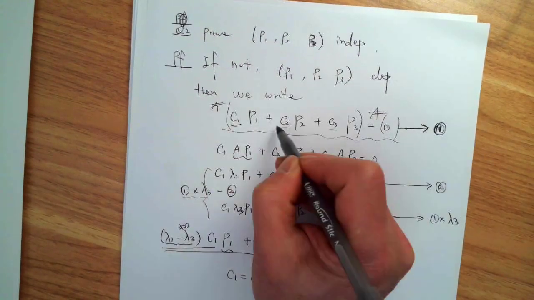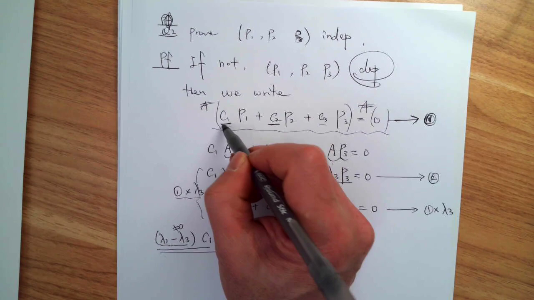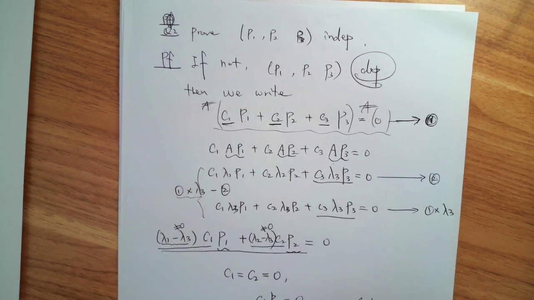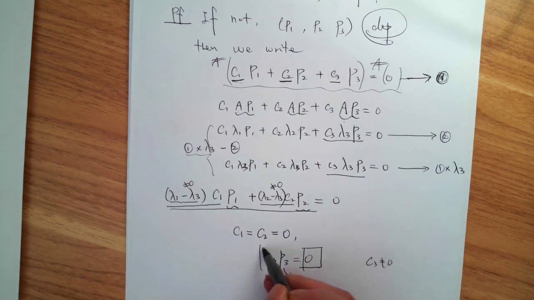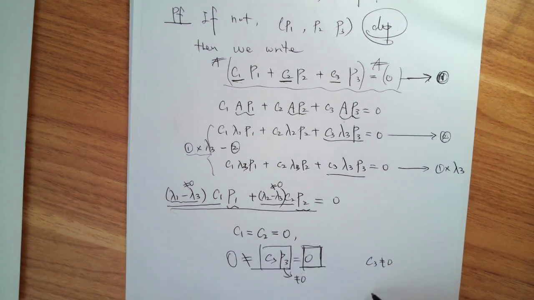And we know that by dependency of P1, P2, P3, you cannot have all C1, C2, C3 equal 0 at the same time. So C3 is not equal to 0. And P3 as an eigenvector is not equal to 0. But the right hand side is equal to 0. So this is not equal to 0 and equal to 0, which is a contradiction.